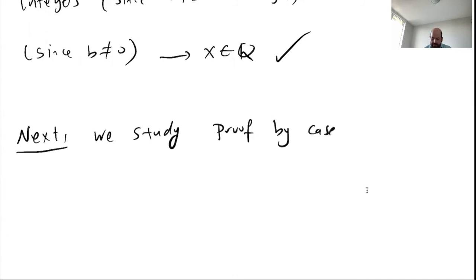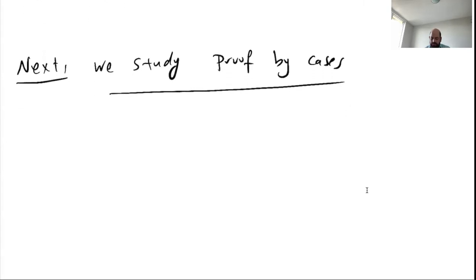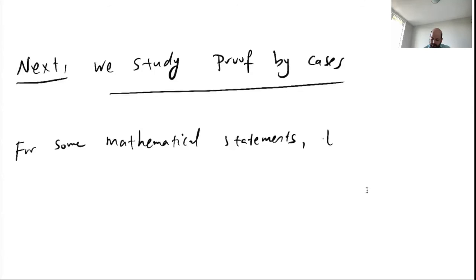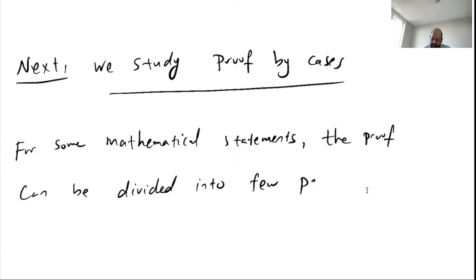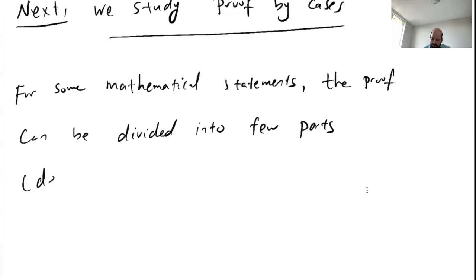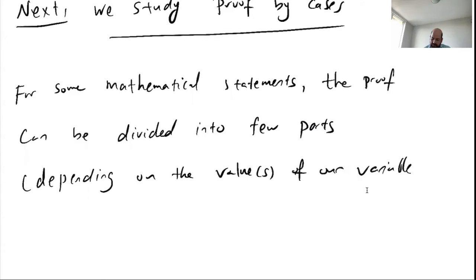For some mathematical statements, the proof can be divided into a few parts depending on the value or values of our variable or variables.